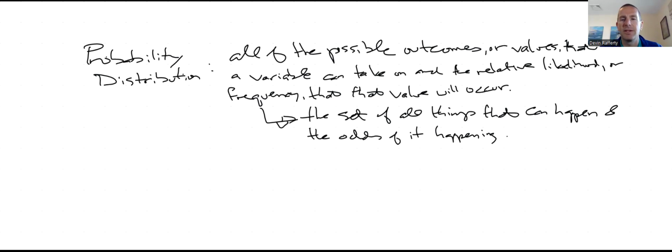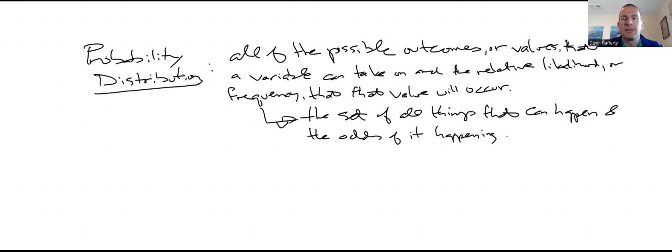Okay. The set of all things that can happen and the odds of it happening. Right. And that's how you could explain it to somebody close to you, your mom, your grandma, something like that. Right. So the formal definition of a probability distribution, right? Just all the possible outcomes or values that a variable can take on and the relative likelihood or frequency that that value will occur. How would you explain that to someone, right? It's the set of all things that can happen and the odds of it happening, or everything that could happen and whether or not it's probably going to happen, right?